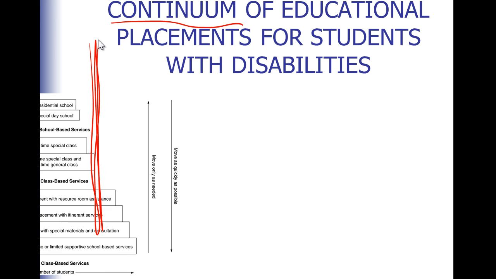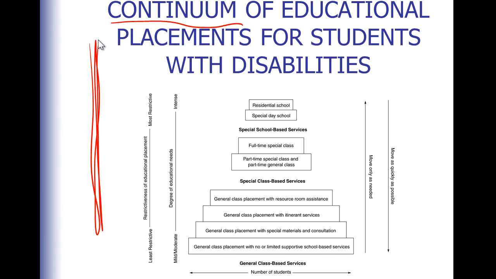So what is this continuum? And this is a buzzword. This is the word you want to know if you want to impress in a job interview. What is a continuum of educational placements for students with disabilities? Continuum meaning all the different possibilities. A continuum looks like this, straight out of your textbook, and it walks you through those things.